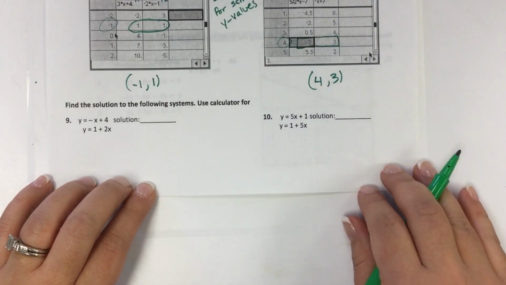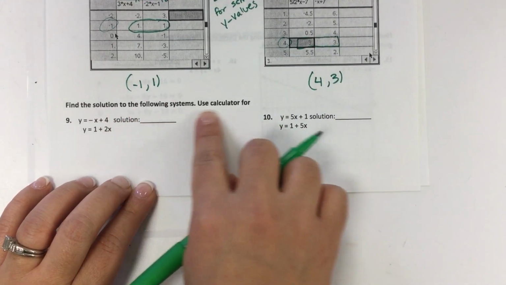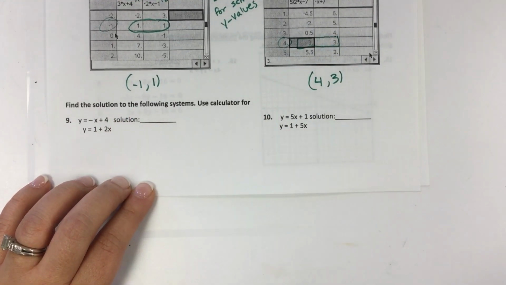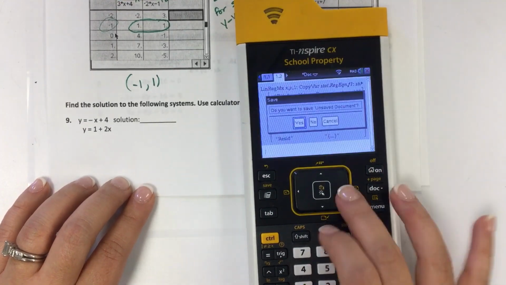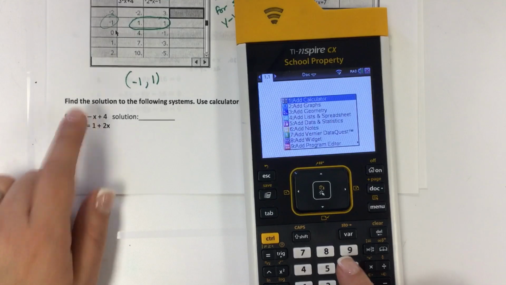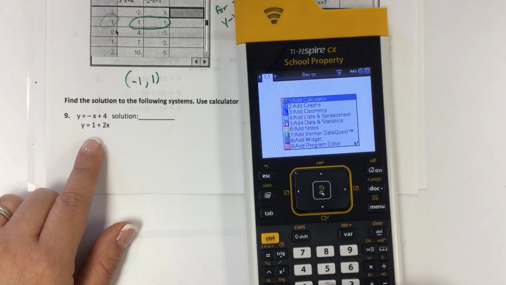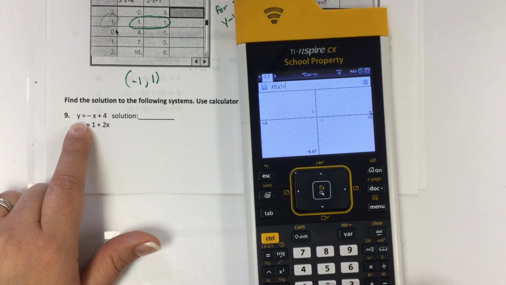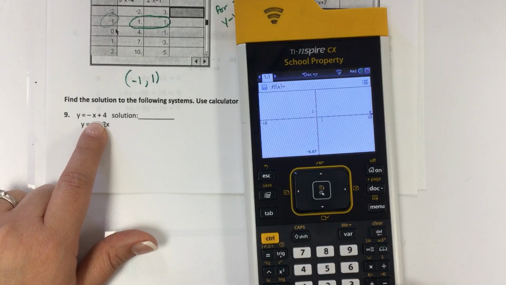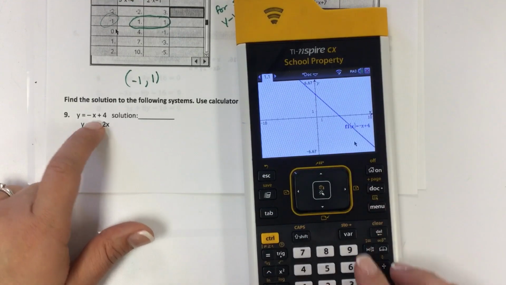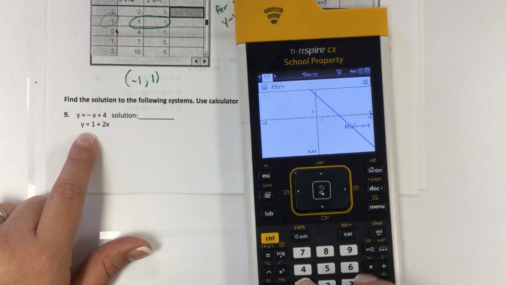Number 9 and 10 says, find a solution to the systems, use the calculator. Okay, so in your calculator, go back to our home screen. Since we have equations, we're going to go to graphs. Y equals is the same as our f of x. So I can just go ahead and type what's after the equal sign. Enter, I get one line, tab, and I can type in my second equation.